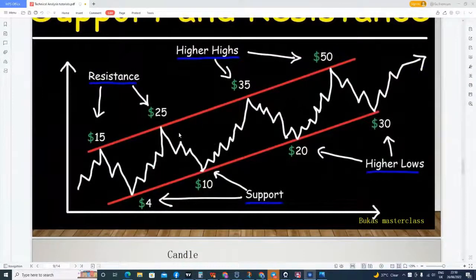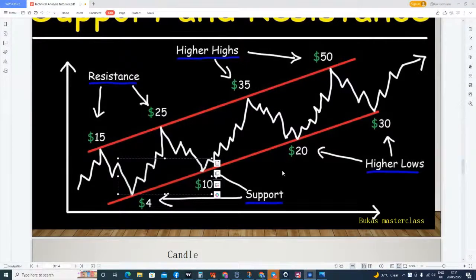So this is actually support and resistance also. Then this is higher highs, higher high, and higher high. This is also a higher low, higher low, higher low, and higher low.